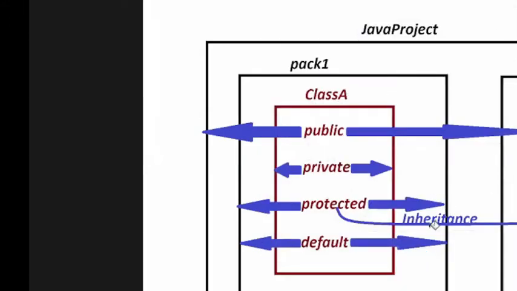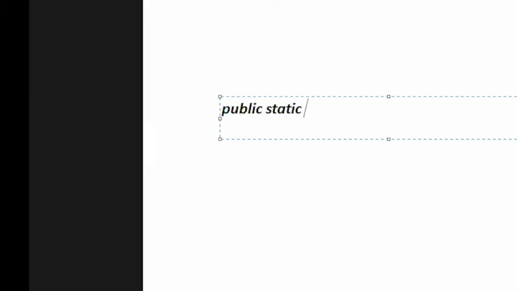Right. See there now. From day one onwards, we are writing public static void main of string args, no?